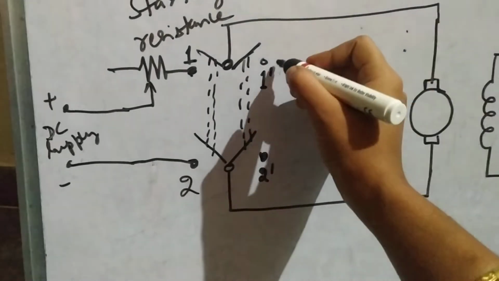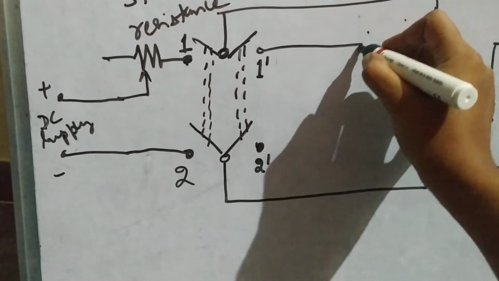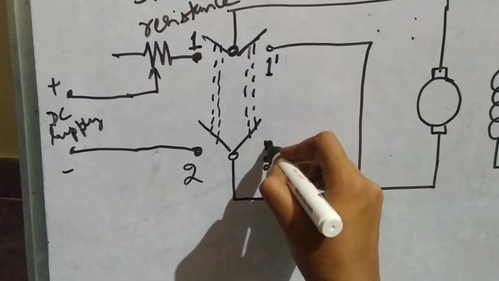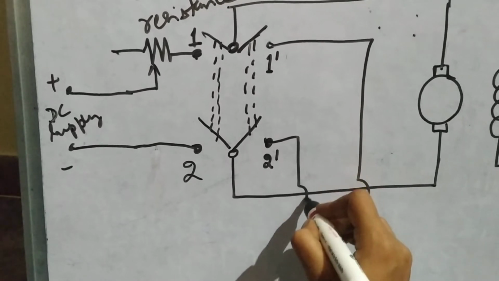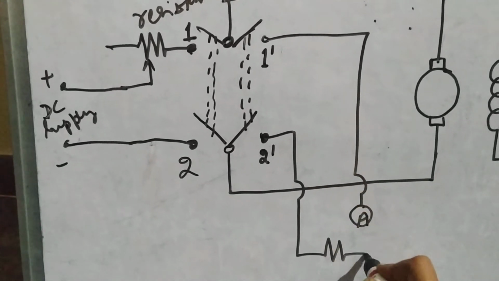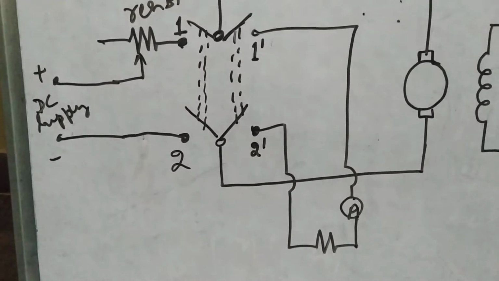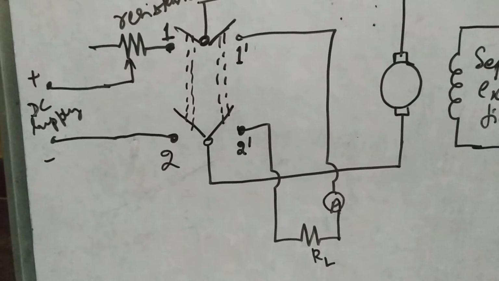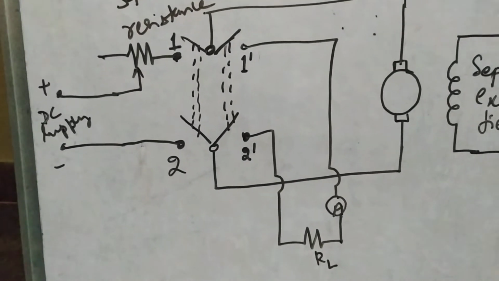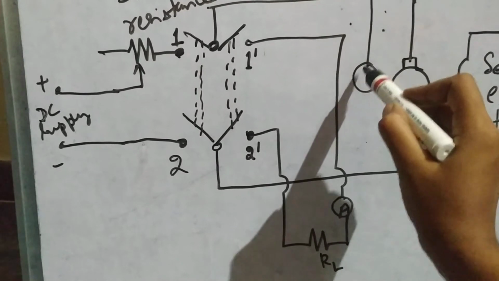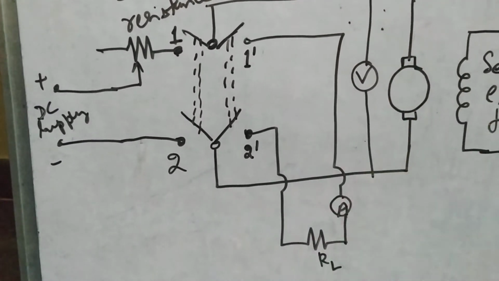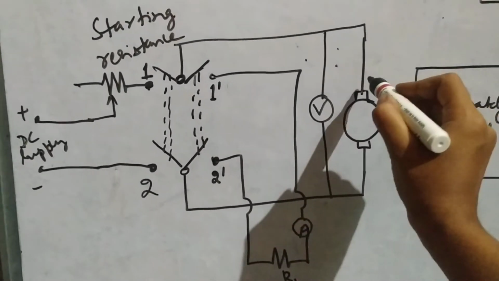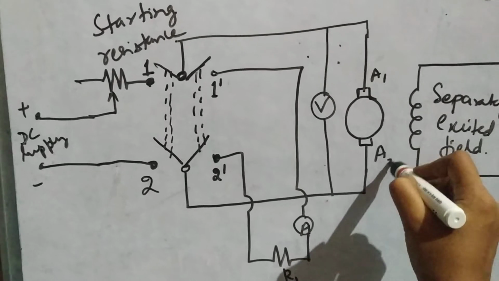Here, to control this, we are going to connect one ammeter along with the rheostat. I am going to make use of a load resistance RL. To measure the voltage across this armature we will connect one voltmeter across this point. So this is the experimental setup for the retardation test.